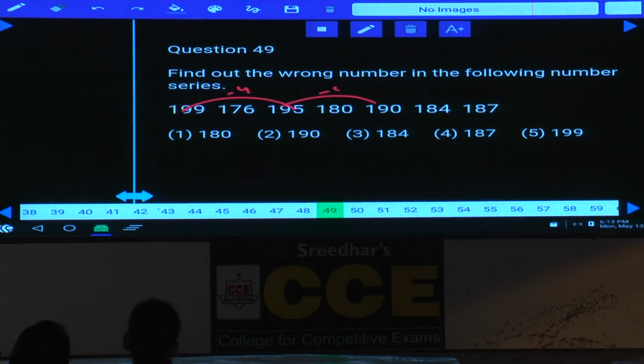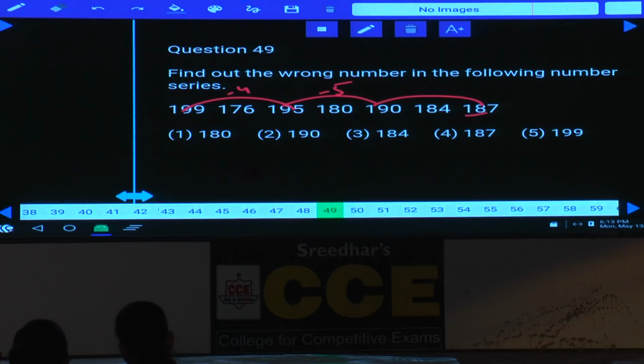Minus 5. And next one here must be how much? Minus 6. Minus 4, minus 5, minus 6. Hence 190 minus 6 must be how much? 190 minus 6 will be 184. 184 is in the series, or this number itself will be the wrong number.